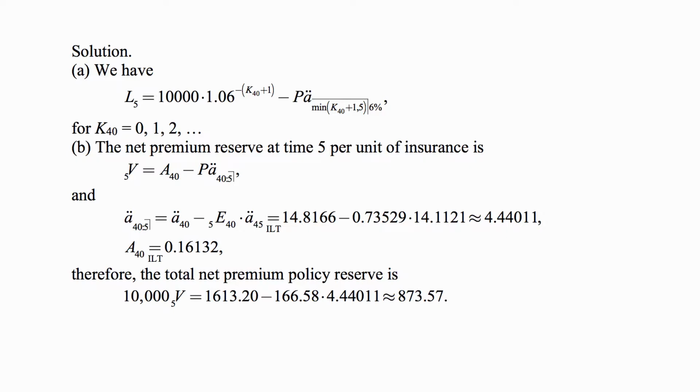So it's P a double dot angle minimum of K40 plus 1 and 5 at 6%, because that's the valuation rate given in the problem.